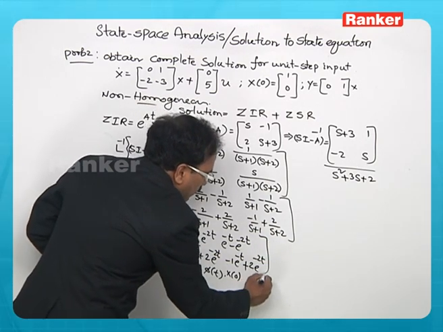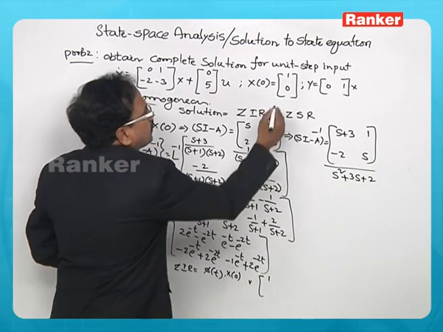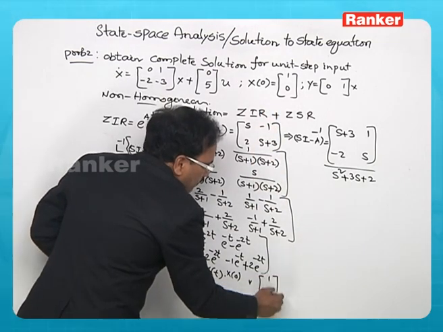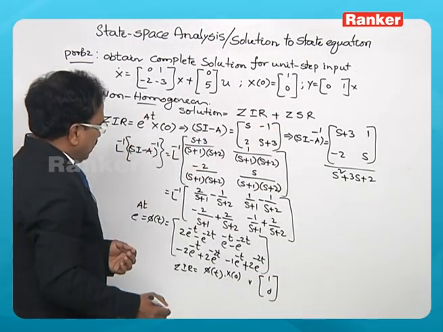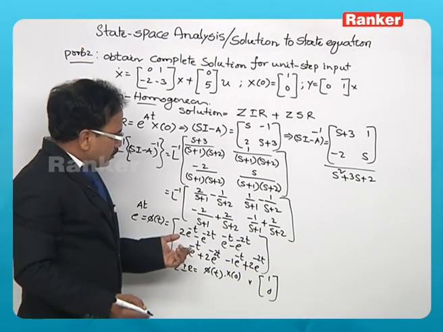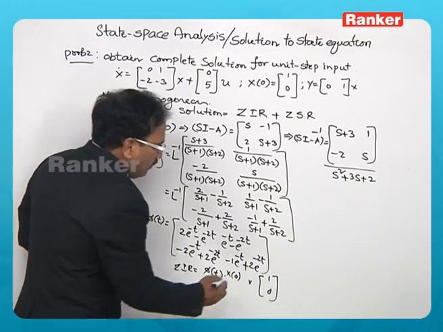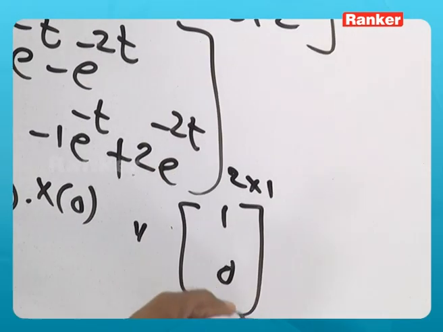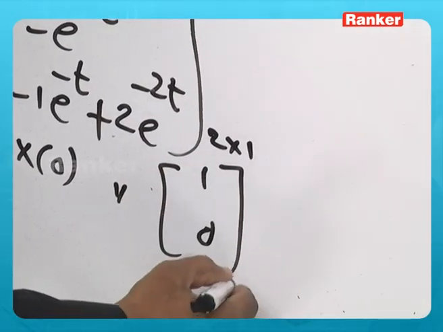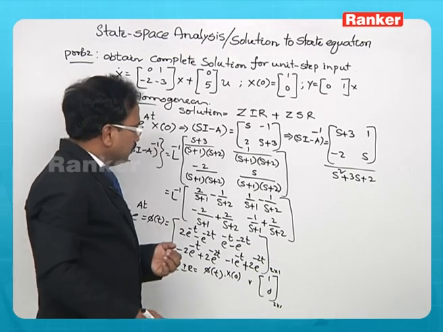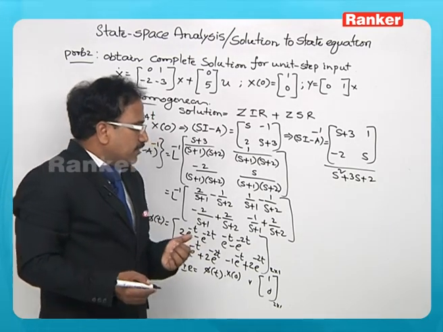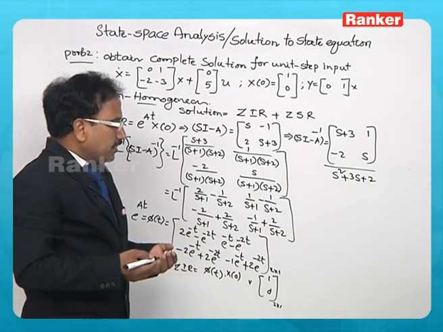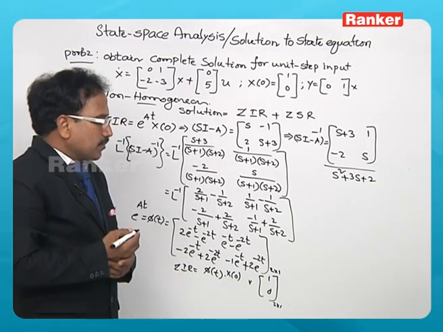Same matrix, but you have x of 0 as 1 and 0 here. So, phi of t is a 2 by 2 matrix, and this is a 2 by 1 matrix. So, you need to multiply this e power at into 1 0.